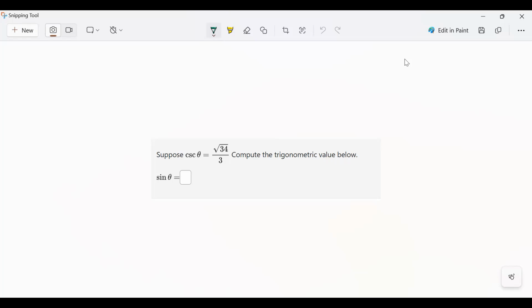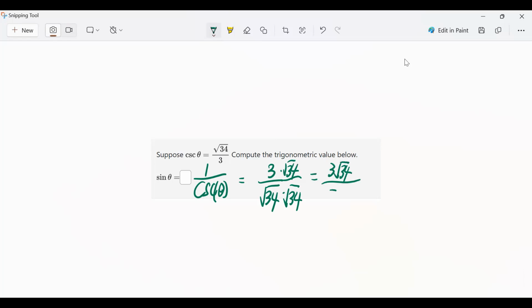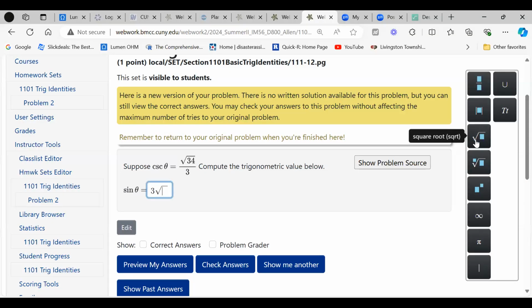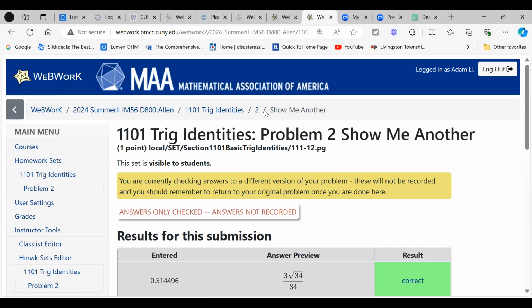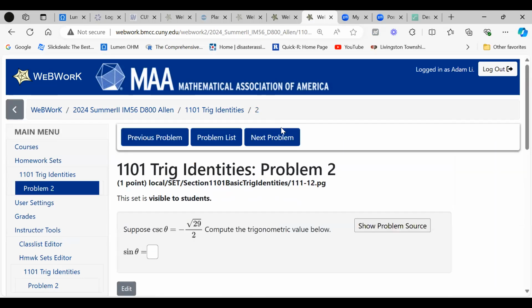Okay, so basically sine theta is equal to the reciprocal, 1 over cosecant theta. So it will be 3 over radical 34. Now you rationalize the denominator, radical 34 over radical 34. So 3 radical 34 over 34. So that should be the answer. 3 radical 34 over 34. And that's good. Let's look at the next question.